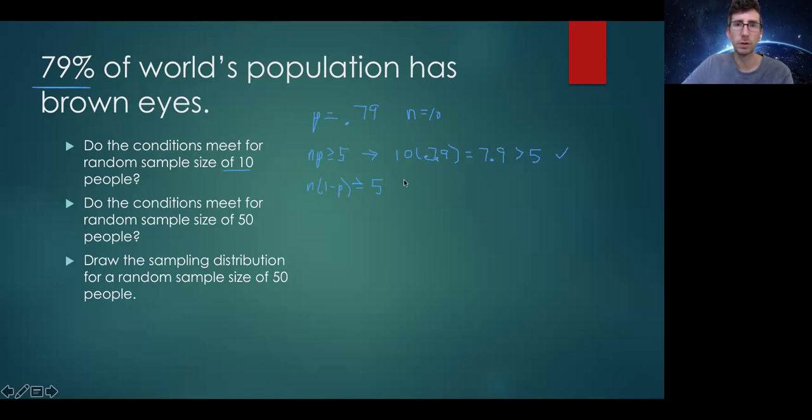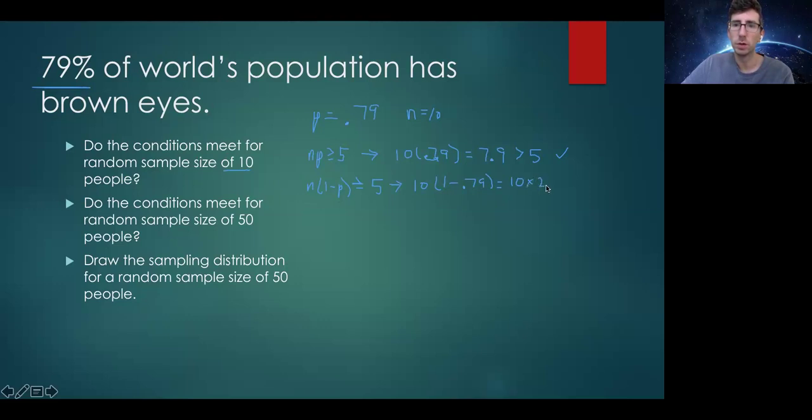So that works. Now let's check this next condition: if n times 1 minus p is greater than or equal to 5, see if that condition holds. We still have a sample size of 10 for this first example. But now we need to take 1 minus our population proportion of 0.79. 1 minus 0.79 is 0.21.